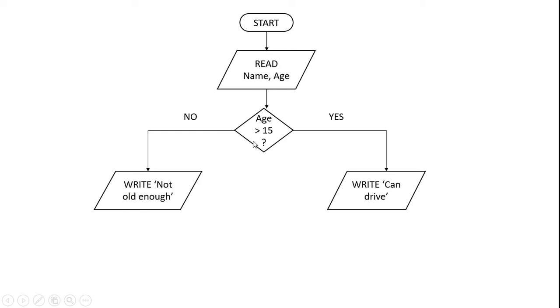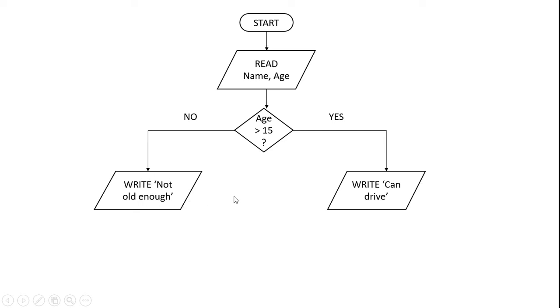So the way this diamond works, it'll do the comparison that you put explicitly in here, age greater than 15. If it is yes, it'll send it over here. If it's no, it'll send it over there. So again, same syntax as the yes. We've got something coming out of this side. Make sure you put a no, and then whatever you want to happen over here, which in this case, we're just writing something out.